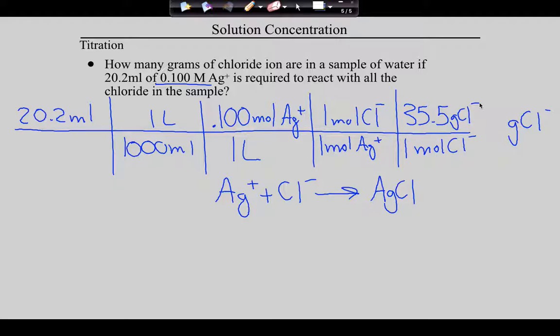So we've got 20.2 divided by 1,000 times 0.1 times 35.5. 3 significant digits, 0.0717 grams of chloride ion. Oh wait, I was confused on where you got the 35.5. It's the mass of chlorine. Mass, right? Yeah. You guys okay?